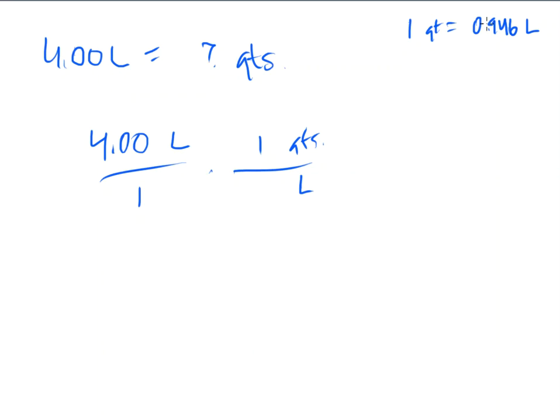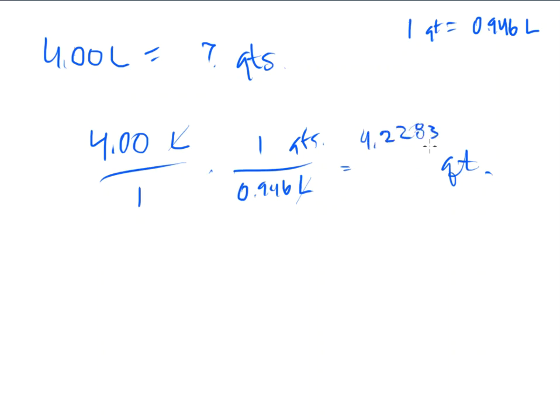There's a liter, 0.946 in front. There's my liter, so 0.946 is going to go there. All right, so to solve this problem, my liters cancel. I'm left with the unit of quart, which is what I want. And I'm going to take 4, and I'm going to divide that by 0.946.